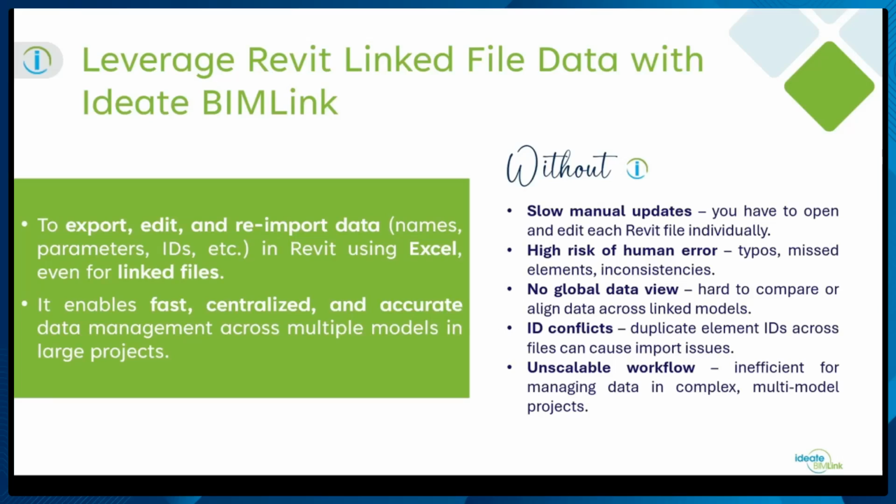There's no global data view, so it's hard to compare or align data across linked models. There's also a problem with ID conflicts: there may be duplicate element IDs across files that can cause input issues. And the workflow is simply unscalable. It's inefficient for managing data in complex multi-model projects.